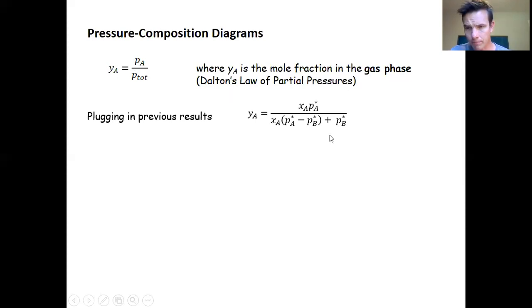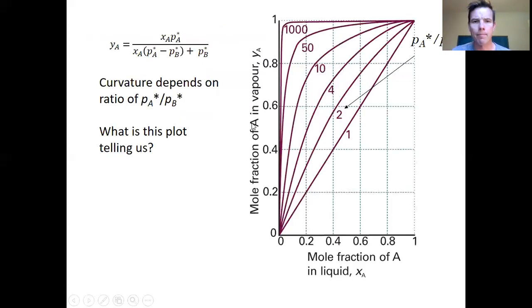I want to pause for a second and interpret this, because I think we can actually connect with an idea that will be important later on. Here's that same equation. And what this is telling us about is the mole fraction in the vapor phase as a function of the mole fraction in the liquid phase.